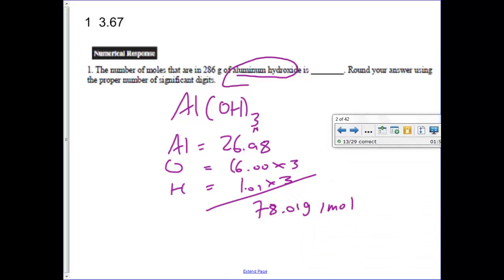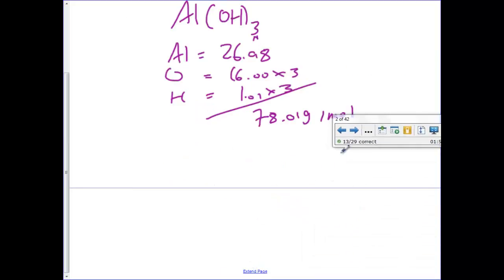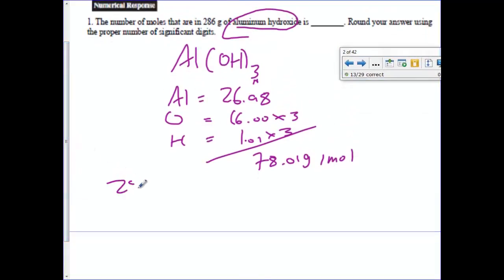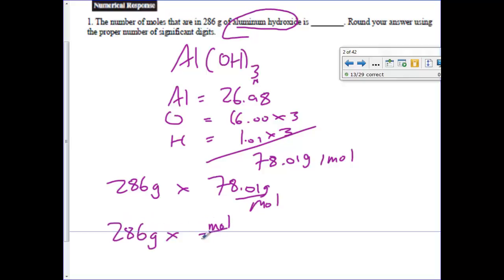Now we've got to convert a mole into a gram. So I'm going to show you 2 ways of writing this. You tell me which one's right. So I could do 286 grams multiplied by 78.01 grams per mole. Or I could do 286 grams multiplied by a mole for every 78.01. The bottom one.